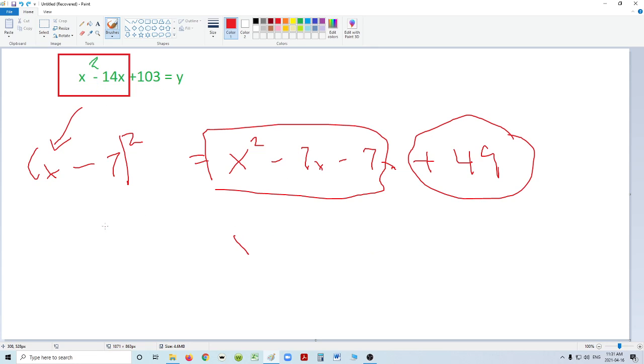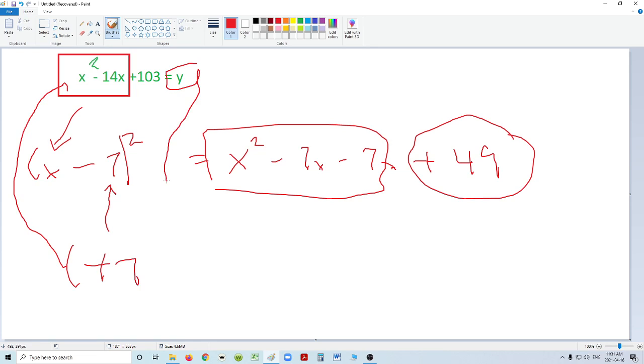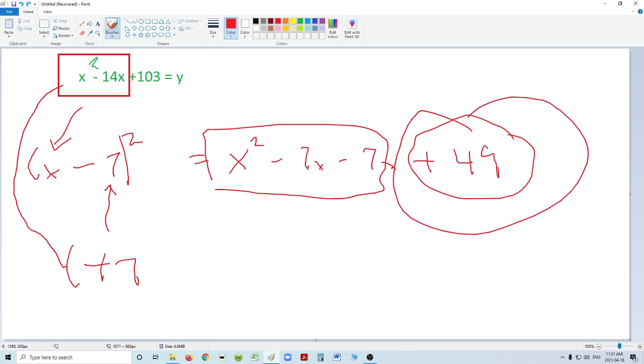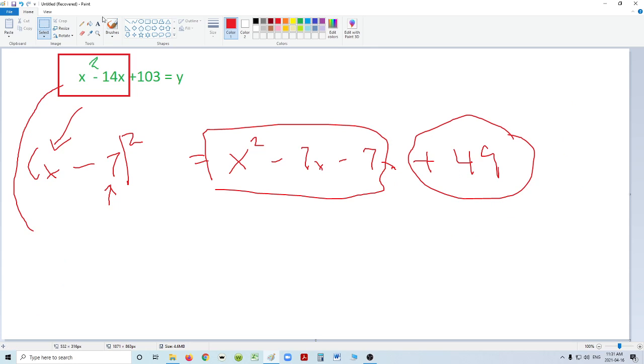Now I have two opportunities right here. I know immediately my x value of my vertex is going to be plus 7. I can do partially completed square and just put plus 7 into this and figure out my y value for my vertex. Or I can use this method. As we've discovered, a plus 49 is created that we didn't necessarily have before. So I need to borrow 49 from this 103.